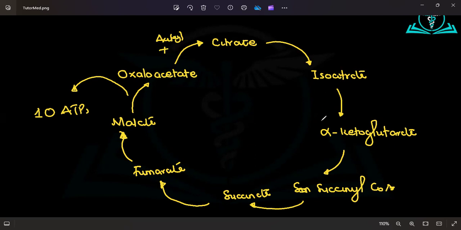So that means that we can generate about 20 ATPs from 2 pyruvates, isn't it? Yes, Doc. So the total energy generated by one round of the cycle, starting with 1 molecule of acetyl-CoA, will generate 10 ATPs.